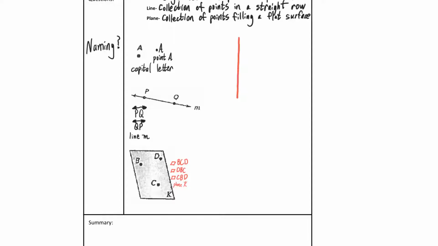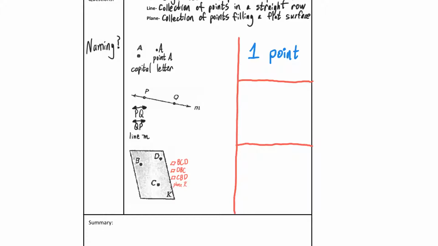Okay, what I want you to do over here on the right-hand side, split it like this. Don't have to be nothing fancy here. So when you're naming a point, you use 1 point.